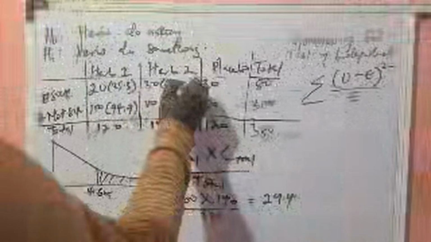So what's 300 multiplied by 140 over 300? Can you do it for the next one? So this is how you're going to be finding the expected value for every entry in the contingency table. Okay, so 110.5. So this is going to be 29.5, 5 not 4, and this is 110.5.